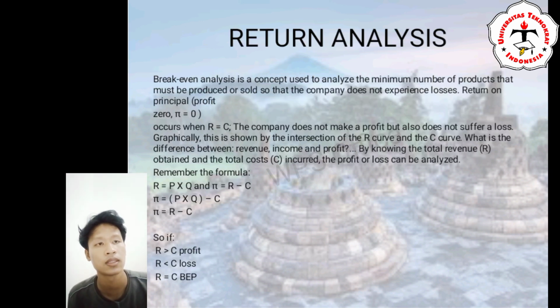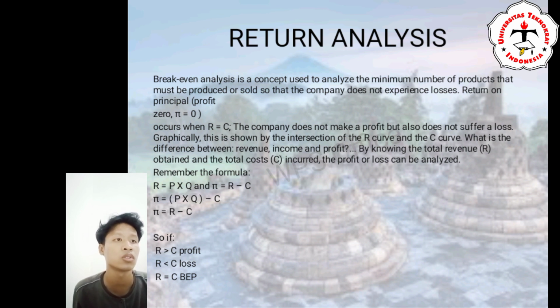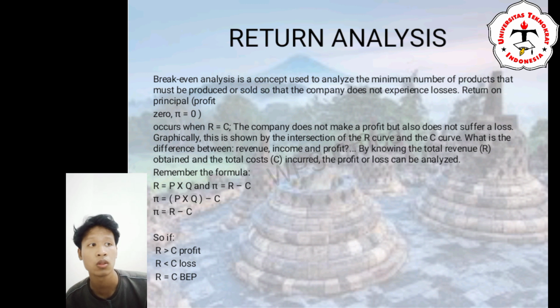Break-even analysis. Break-even analysis is a concept used to analyze the minimum number of a product that must be produced or sold so that the company does not experience losses. At break-even the profit is 0. Of course, when R equals C, the company does not make a profit, but also does not suffer a loss.